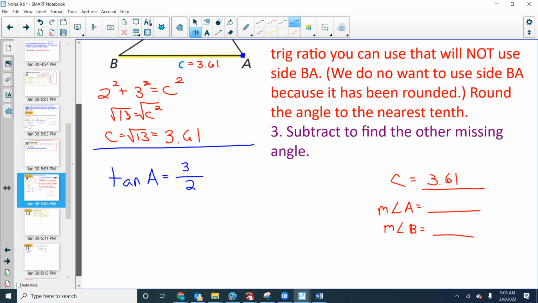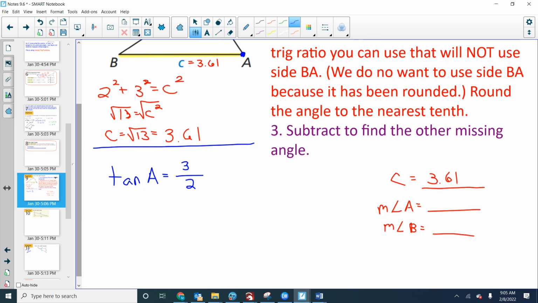Now our next step is the thing we've been practicing. What gets rid of this tangent so we can get A by itself? Tangent inverse, or inverse tangent, right? And if I do it to the left, I have to do it to the right.